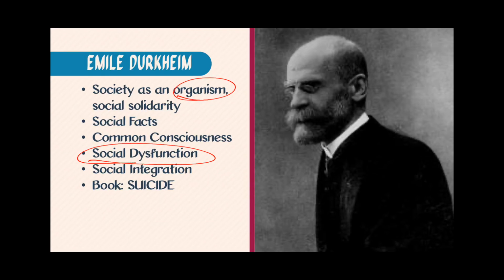According to Emile Durkheim also, the society works as an organism because we have what we call social solidarity. Now, the type of society that we have defines the type of solidarity that it has. Now, the first type is your organic solidarity, and then we also have your mechanical solidarity.